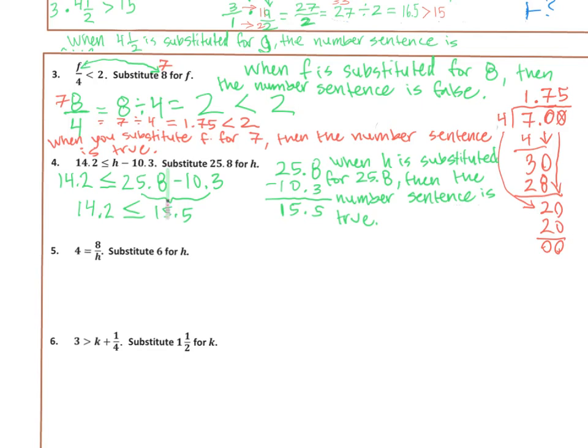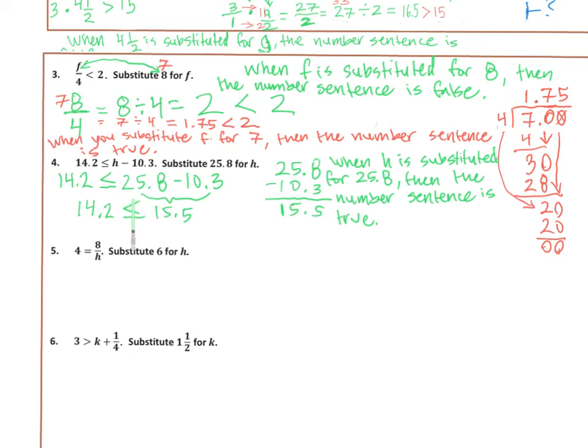So we're going to have to substitute a different number in for H. Now, what we did to get to this number is we had to subtract from H, and H was equal to 25.8.